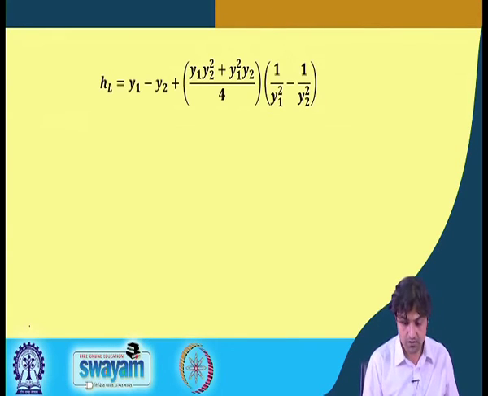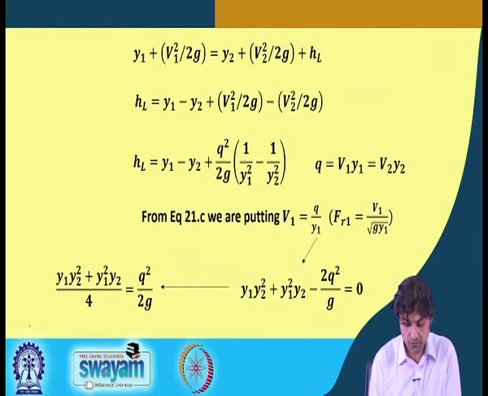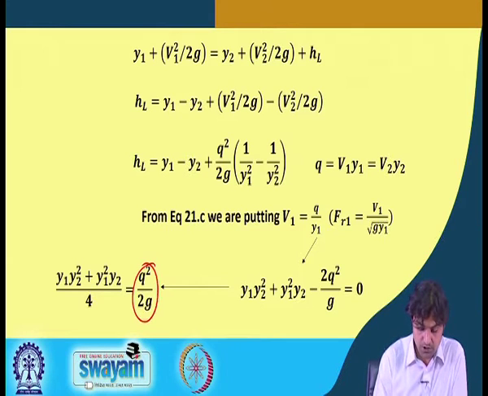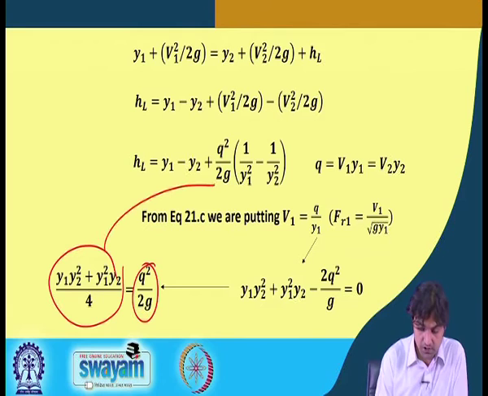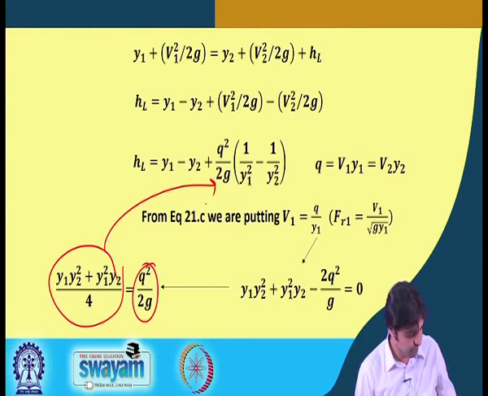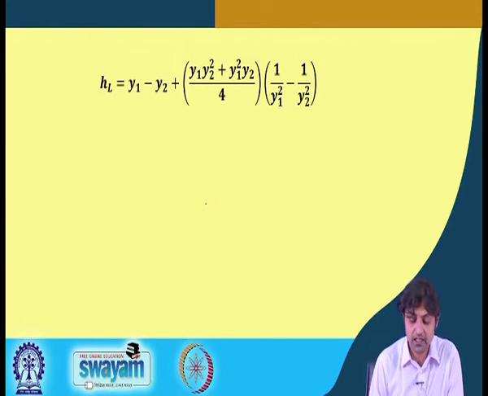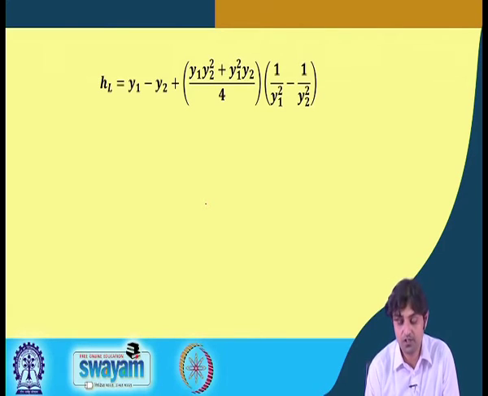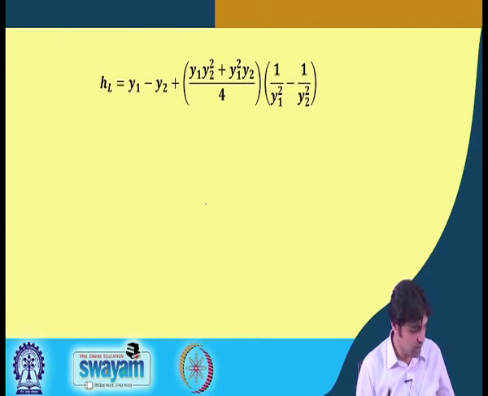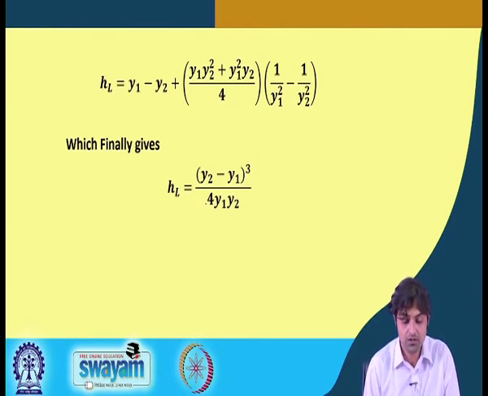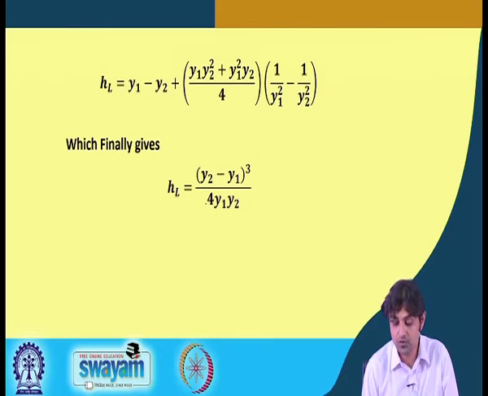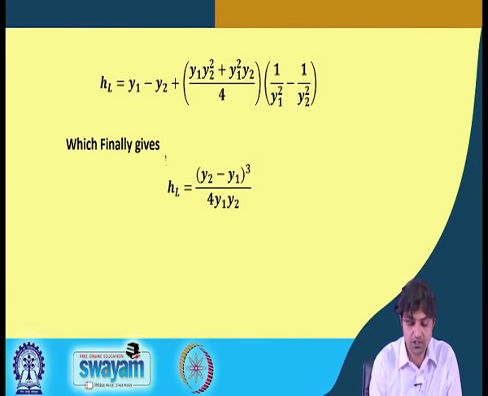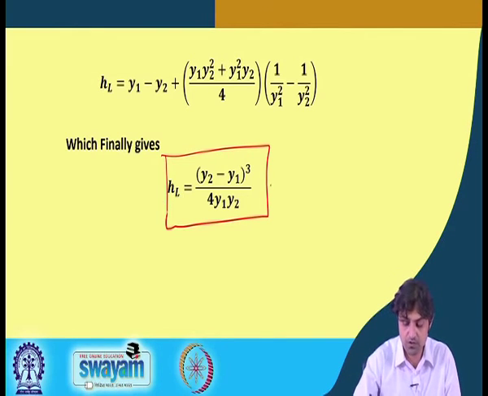So, this equation becomes, so this q square by 2g is equal to this, and we put it here. Okay. So, we get HL is equal to y1 minus y2 plus y1 into y2 square plus y1 square y2 by 4 and multiplied by, which will finally give, if you solve this, HL is equal to y2 minus y1 whole cube divided by 4 y1 y2.